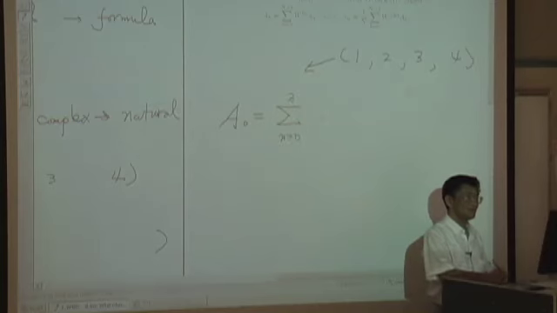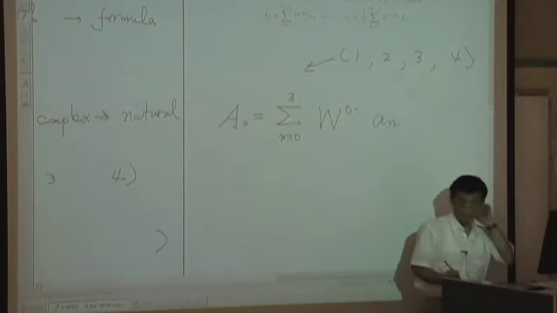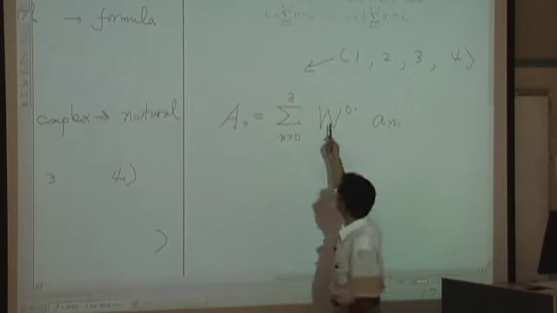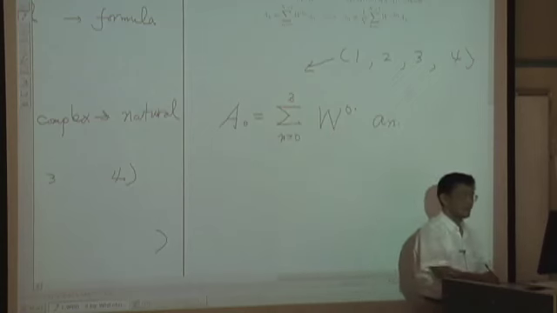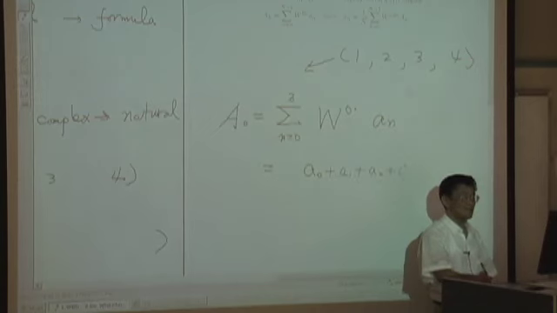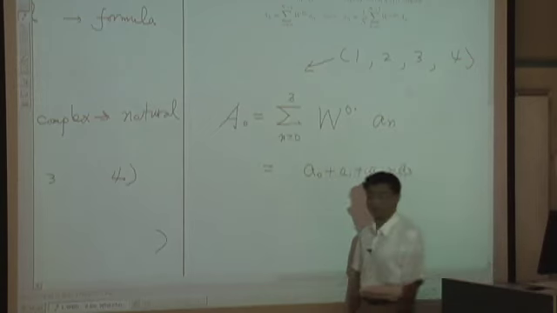And then W, I will check what W is later. W times K, K has to be 0, times N, and then AN. I just copy this verbatim. W to the power of 0 is 1, so it is A0 plus A1 plus A2 plus A3. So this is A0.